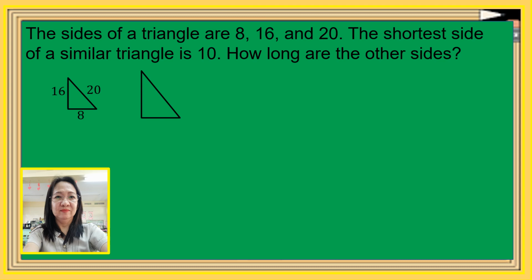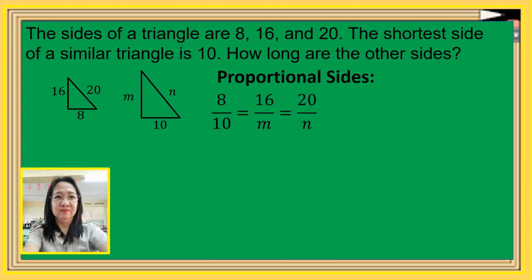So let us label the shortest side of the similar triangle as 10, the longer side as M, and the longest as N. Now, we have to look for the proportional sides. So let us have the proportions 8:10 is equal to 16 is to M is equal to 20 is to N. So these are the corresponding sides.